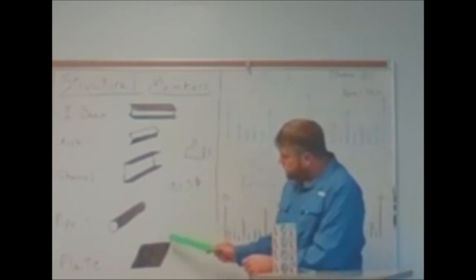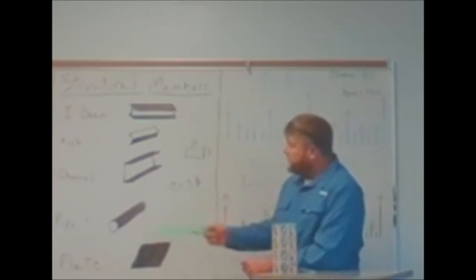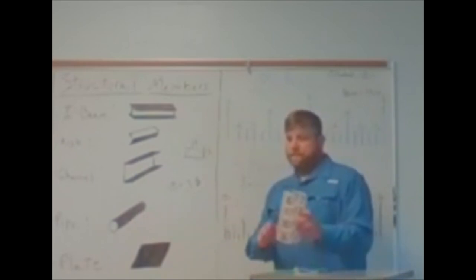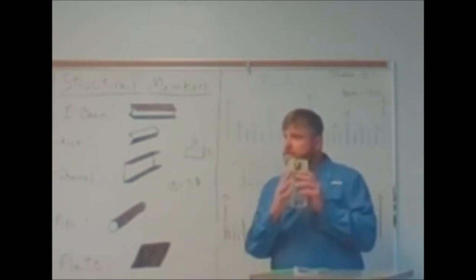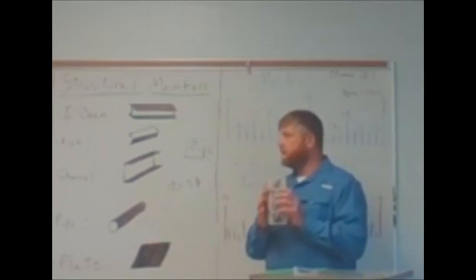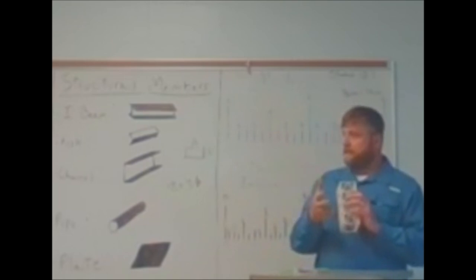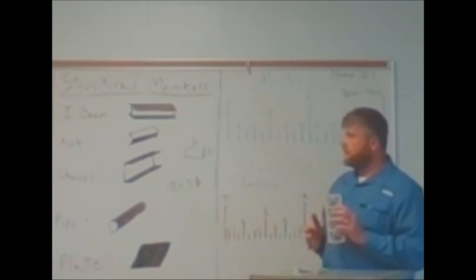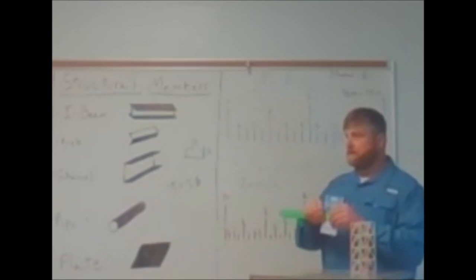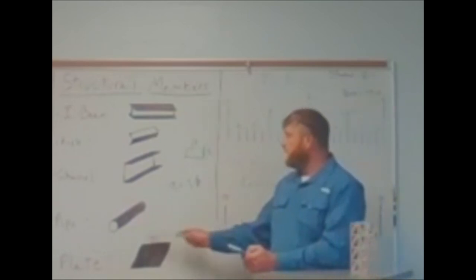Now, pipe is not like that. With all those, you can use plate because that surface is flat. All of those flat surfaces come together at that point. So you can use plate as a splice plate, right? You can weld a flat surface to a flat surface, right? Bolt it together, however you want to do it.